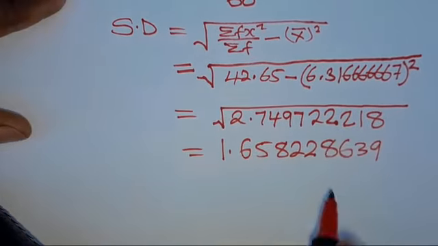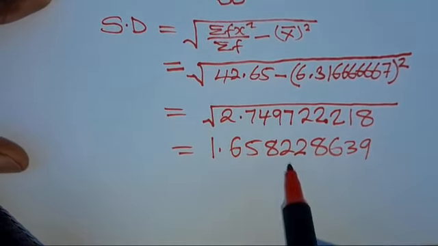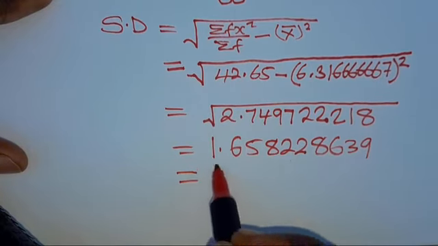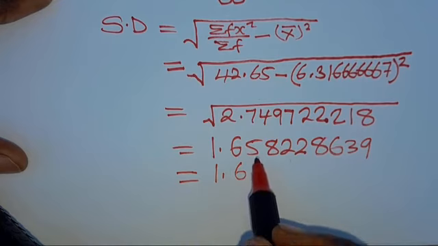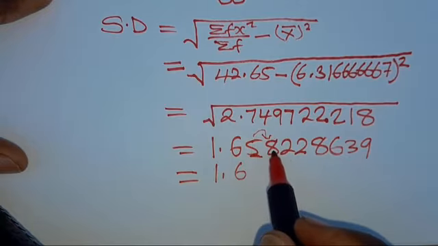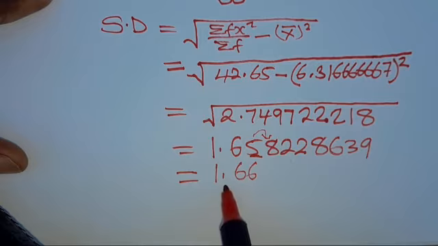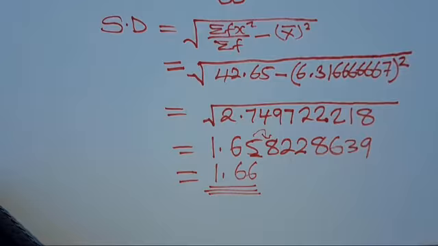So we can write this standard deviation correct to 3 significant figures. So we're going to have 1.6, then the target value is this one. Check this. It's more than 5. So we're going to have 1.66. So this is the standard deviation.